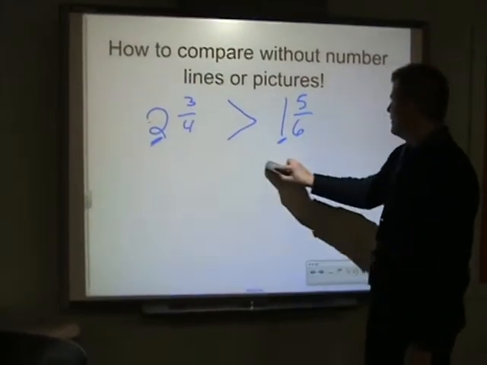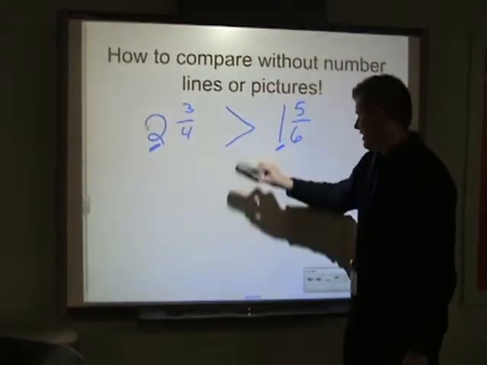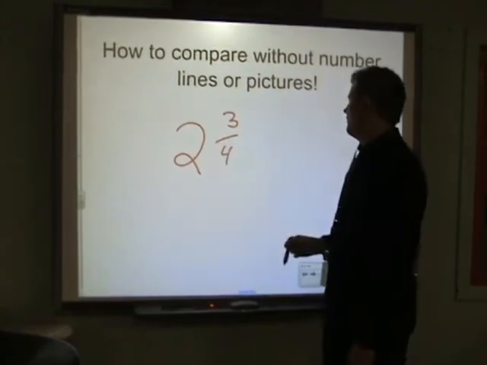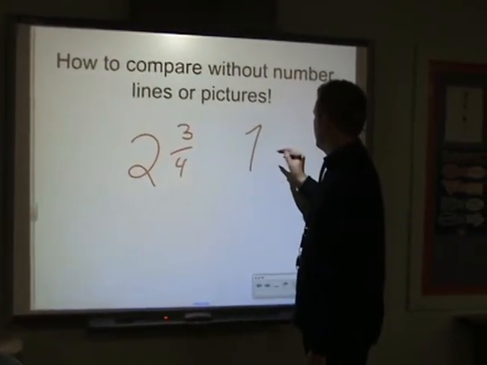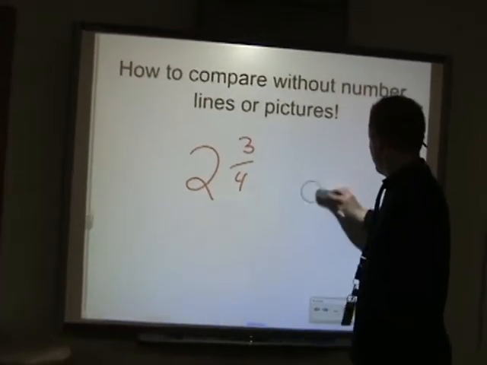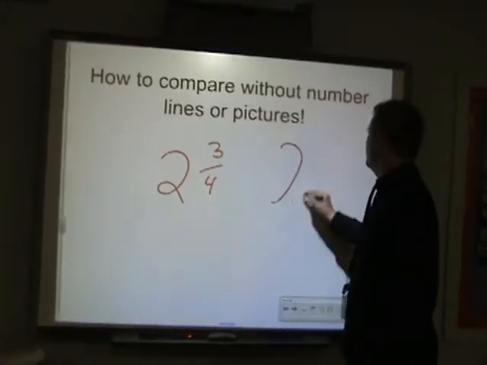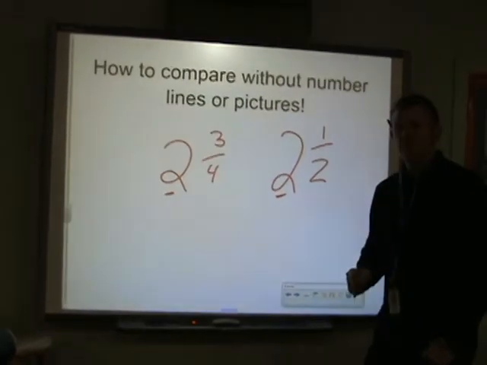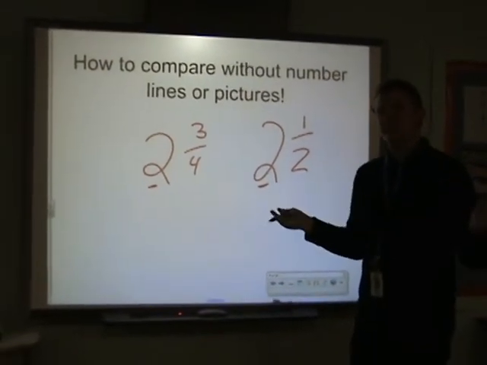So in that case, we're good to go. If I've got 2 3/4, or 2 1/2, the whole numbers are the same, okay? So in this case, we don't even need to get confused.